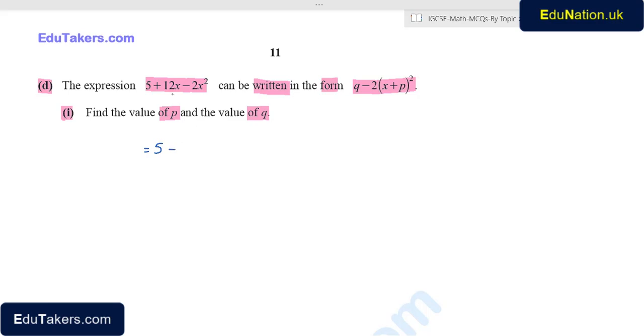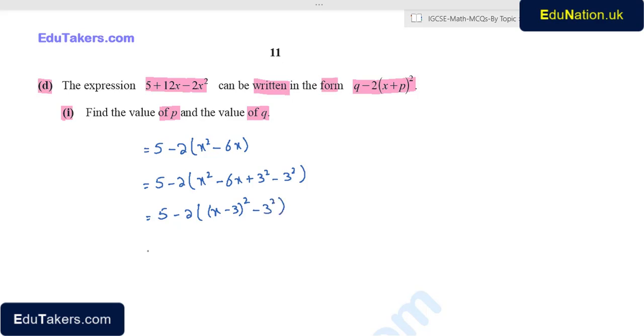5 minus, taking 2 as common, so we will have x square minus 6x. 5 minus 2, adding and subtracting 3 square, minus 6x plus 3 square minus 3 square is equal to 5 minus 2 into x minus 3 whole square and minus 3 square.